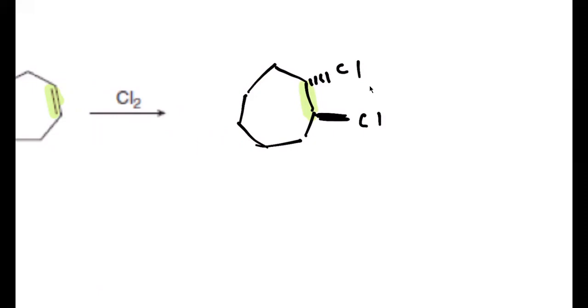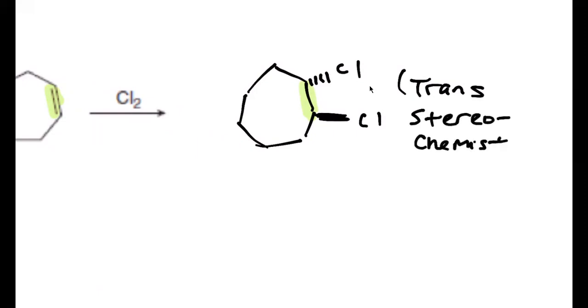So this is what you call trans stereochemistry. All that means is that the two groups are opposite to one another, just like on a trans double bond, where you had the double bond with the two groups attached on opposite sides.